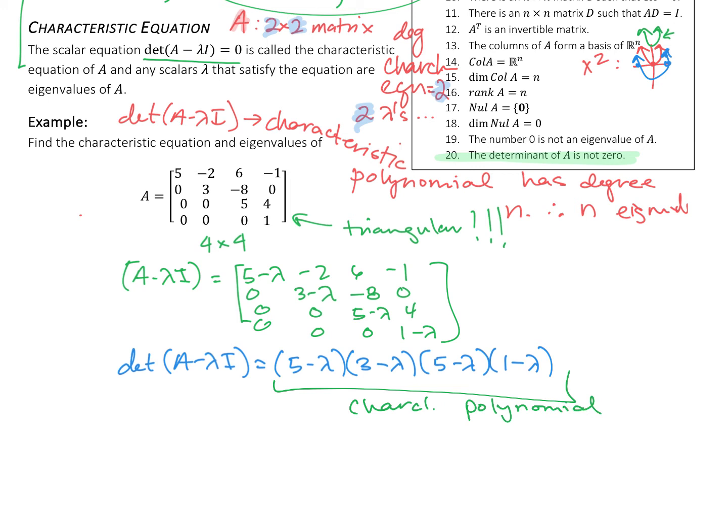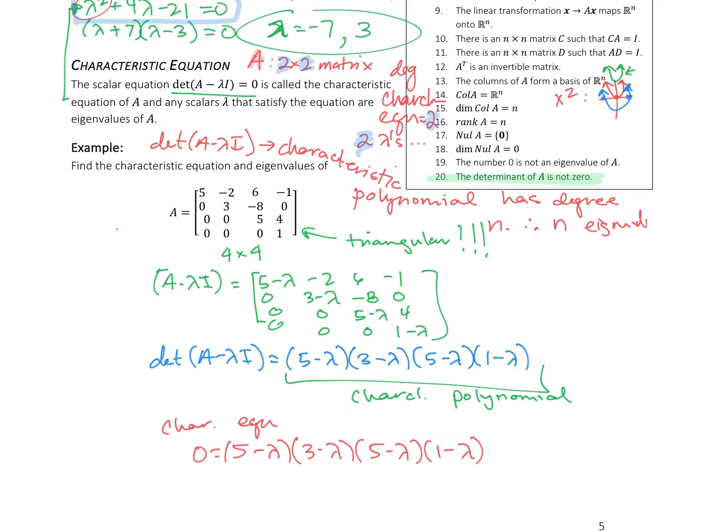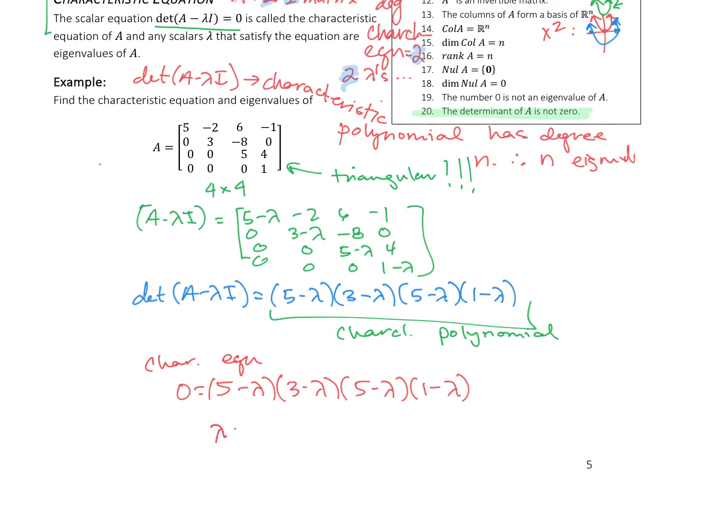And then the characteristic equation is what happens when we take that and set it equal to 0. So 0 equals that 5 minus lambda, 3 minus lambda, 5 minus lambda, and 1 minus lambda. And the solutions to this tell us that either lambda equals 5, 3, 5, or 1.